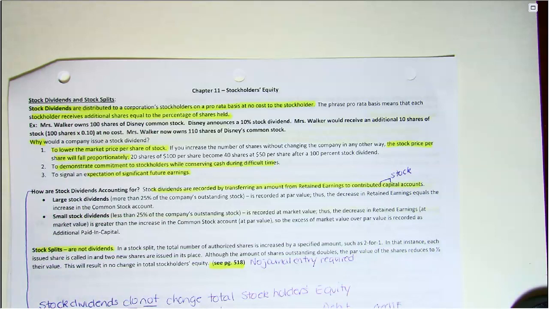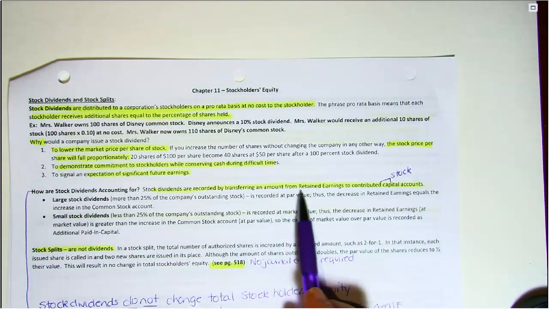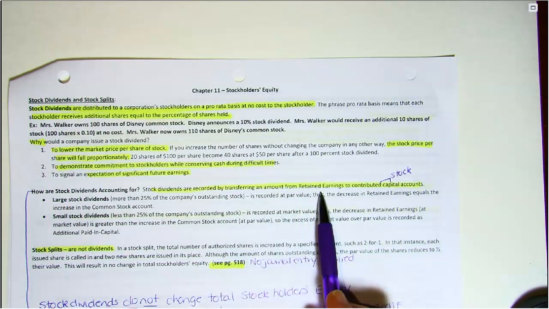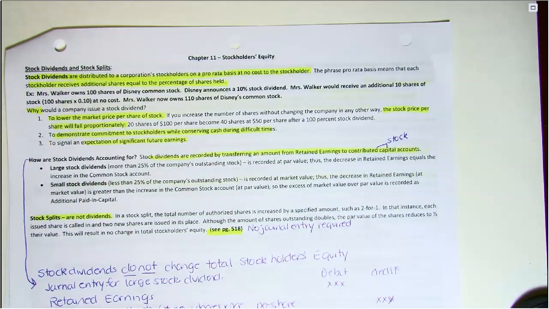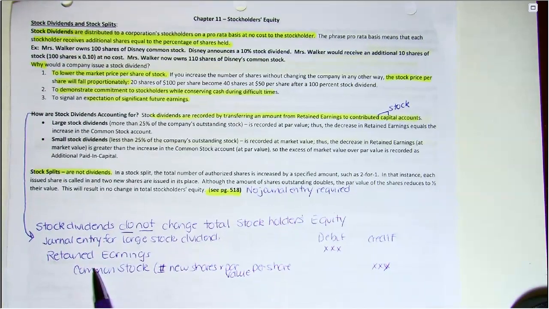Okay, now it's important to remember this about stock dividends. They're recorded by transferring an amount from the retained earnings account to the stock accounts, the contributed capital accounts. I've given you an example here of a journal entry for a large stock dividend. You won't have to remember how to do the journal entry, but I want to show you how it works.